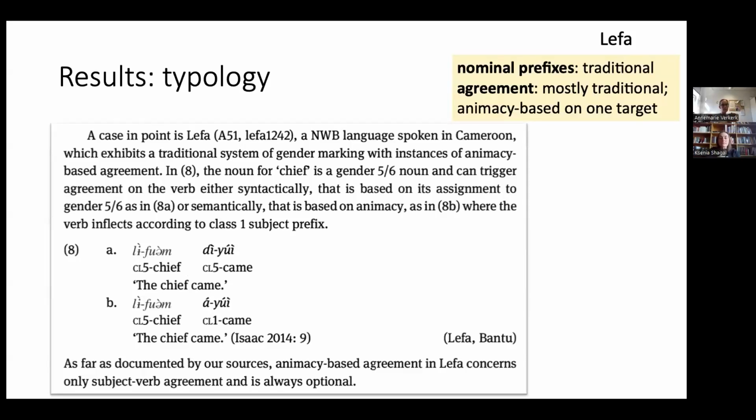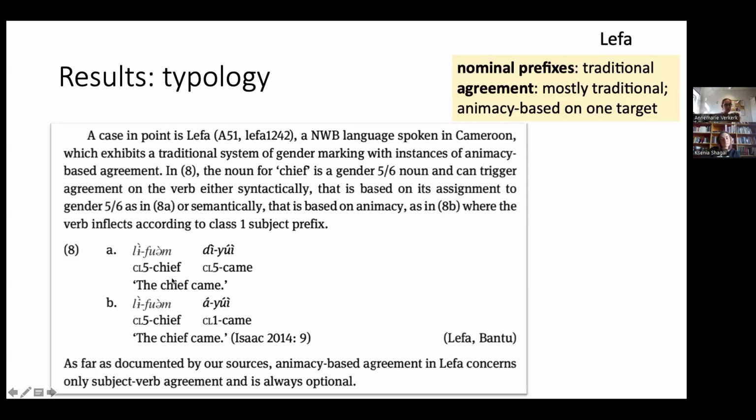So Lefa has a traditional system of gender marking when it comes to nouns, right? And also when it comes to agreement, but it has what we call here instances of animacy-based agreement. So this only happens for certain nouns. It happens for human nouns. Like here you can see what happens. We can maybe have a human noun that's in class 5-6.